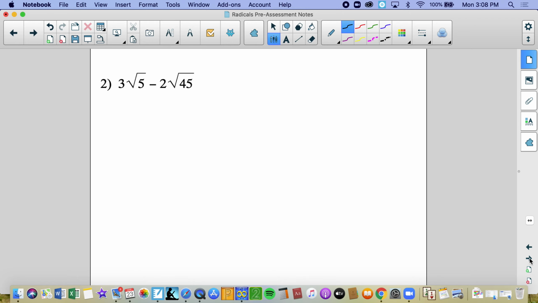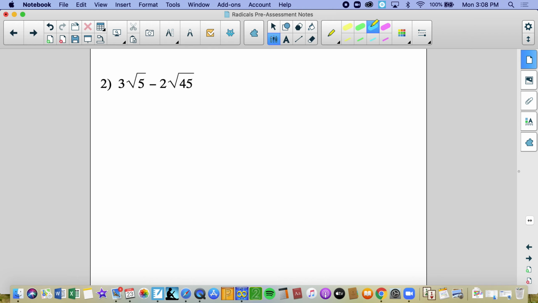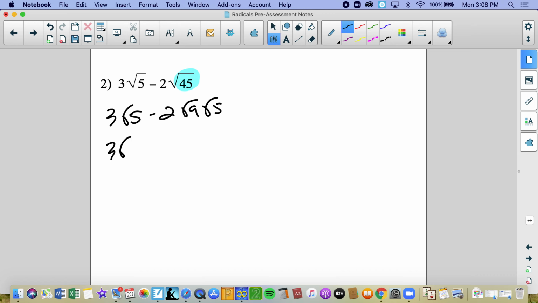Next one, these are unlike radicals at the moment, but we also need to remember to see if we can simplify the radical. So rad 5 cannot be simplified, but rad 45 can be broken into rad 9, rad 5. And then I'm going to take the square root of rad 9, which makes 3.